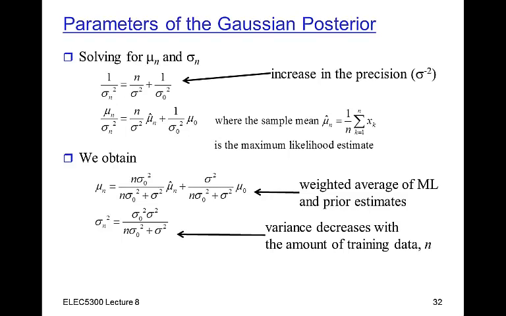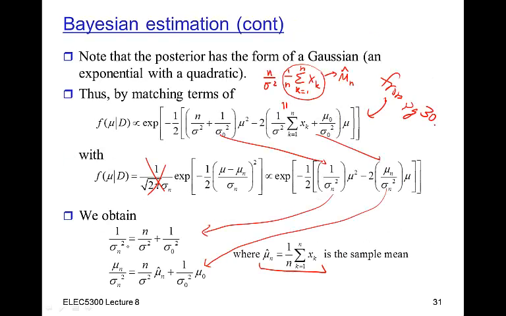And what I've done here is I've simply separated out the sigma n squared. You can see the sigma n squared was already calculated here, and this one was also already calculated here.